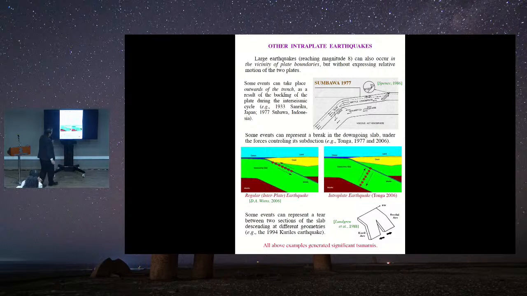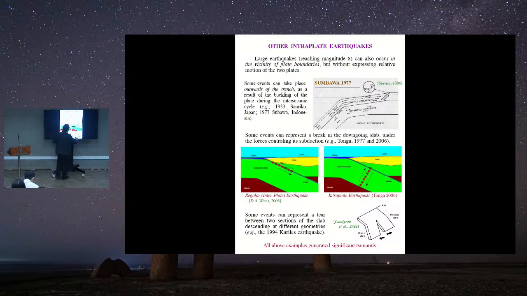Or you can have, in places where you have lateral heterogeneity along the subduction with different dips, a motion between one part and the other. It looks like a pair of pants, see, with the two legs, and you can have a seismic motion.